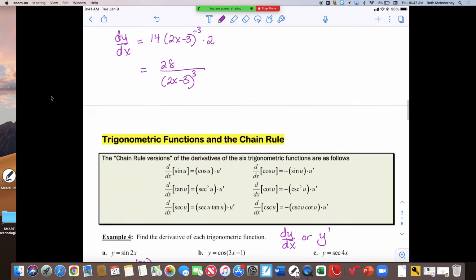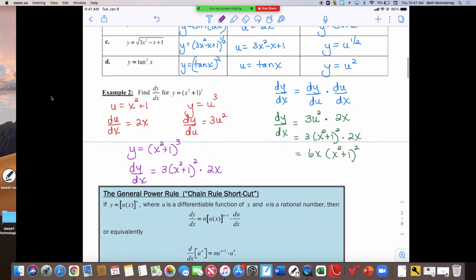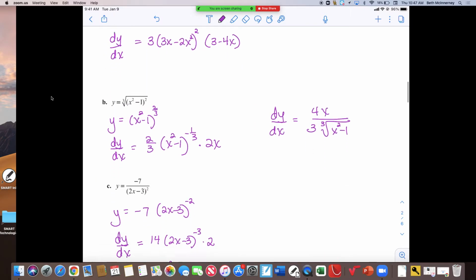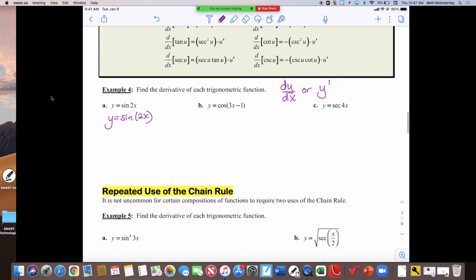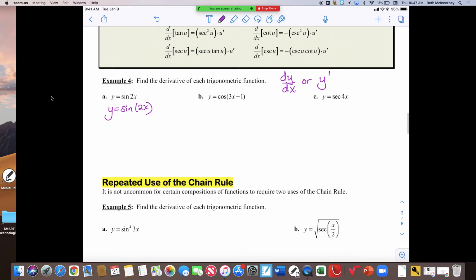In that first one that we did, when you're doing the u and the y, then you really do have to say du dx, dy du, because you're saying what letter you're taking the derivative with respect to, but y prime means dy dx. So this will be cosine of 2x times 2. All right, I'm going to pause a moment, and I want you to try B and C.